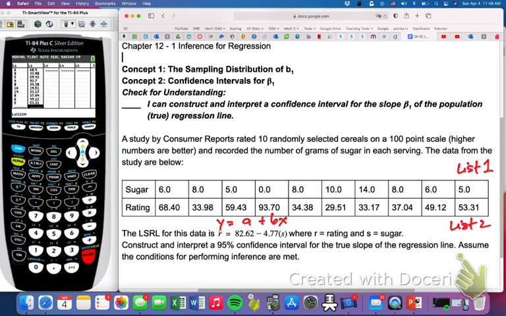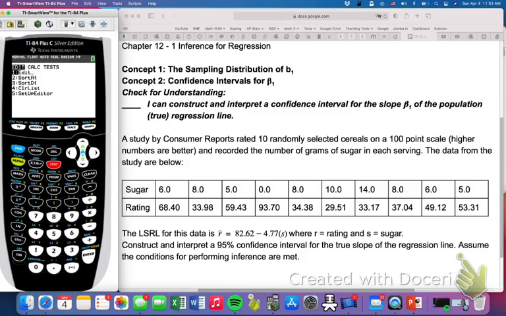I'm going to show you how to use the calculator to find the least squares regression line. Here, you put data into list 1 and list 2, and then you go to stat, and then you go to calc.